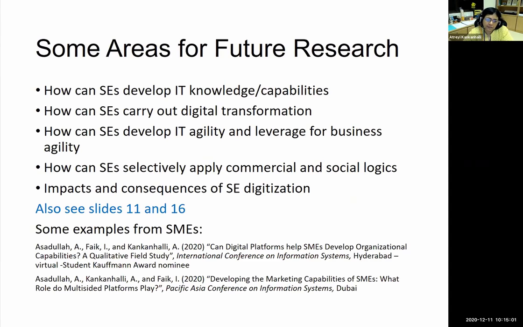And how can they selectively apply commercial and social logics? Also, I think we would like to understand what are the impacts and consequences of social enterprise digitization. What benefits does it bring for them and for their other stakeholders?